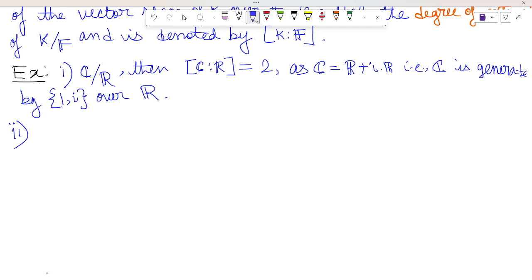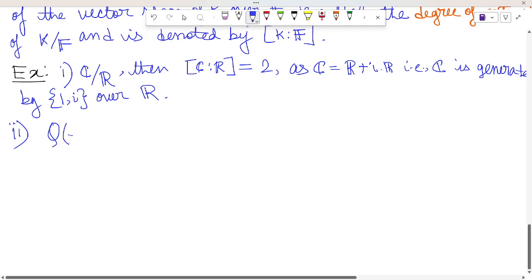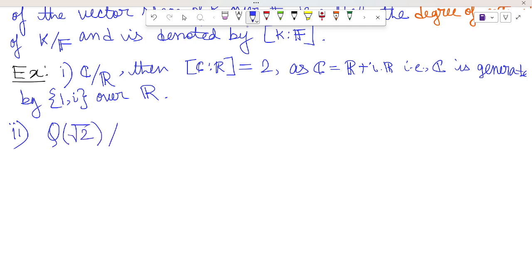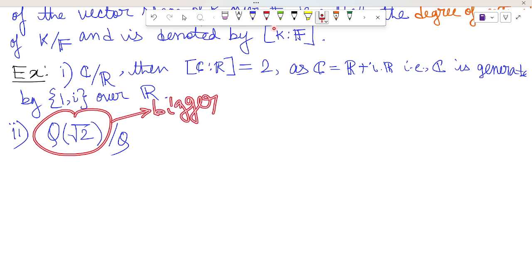What about, if I take Q adjoin omega? Okay, we will come to this later. What is Q adjoin square root of 2 over Q? So it is a bigger field, Q is smaller.